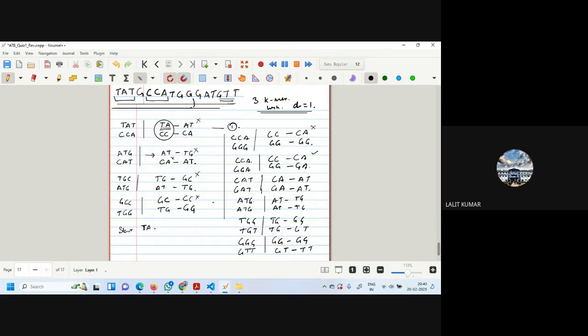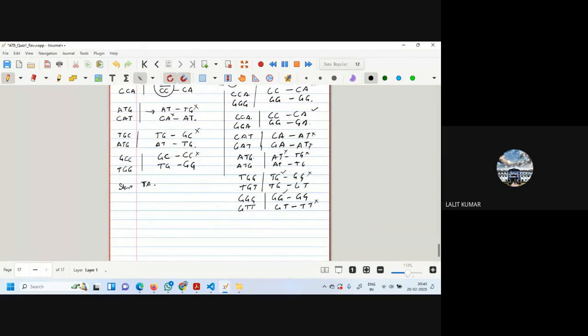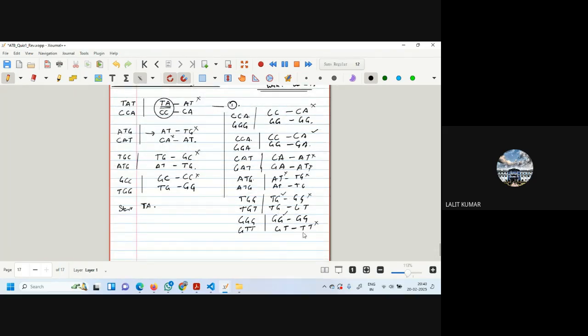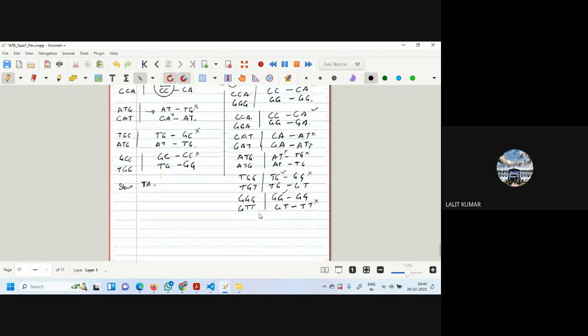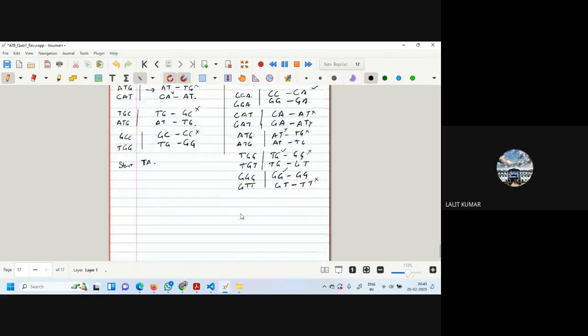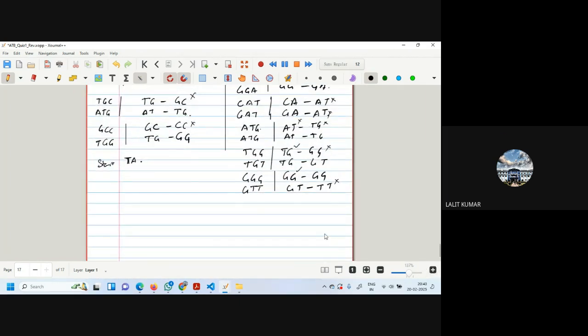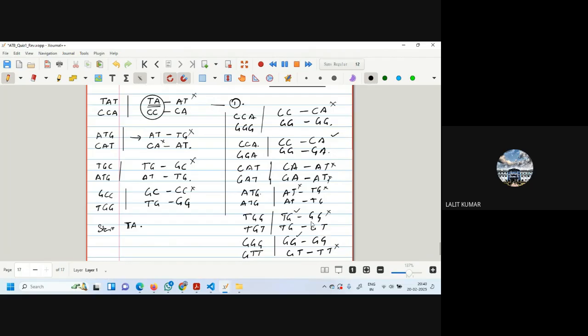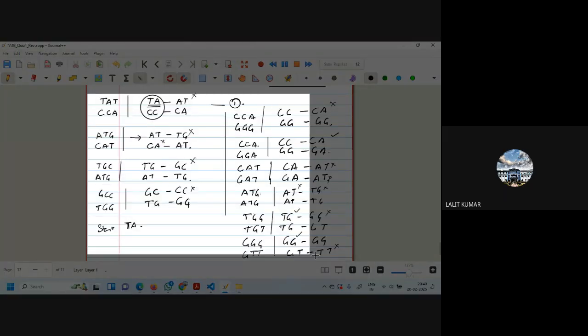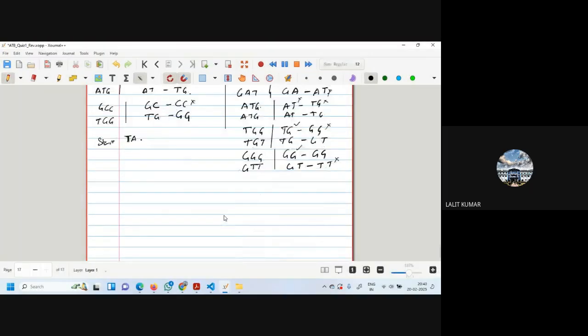AT is there, yes. TG is there, GG is there. Only TT is not there. So from here I can make out that TACC and GGTT are my start and end points. So I will copy it in a small size and then we will build the graph.